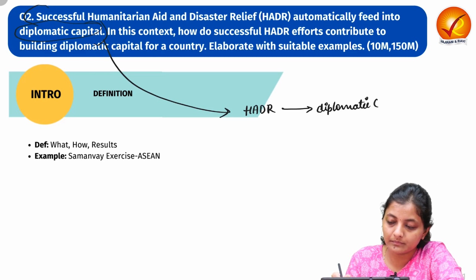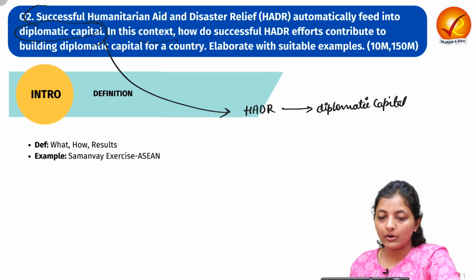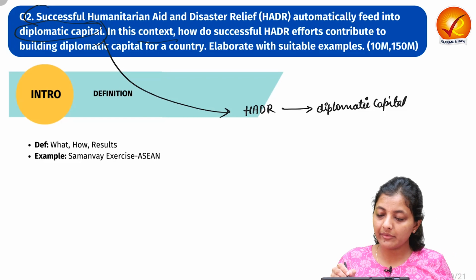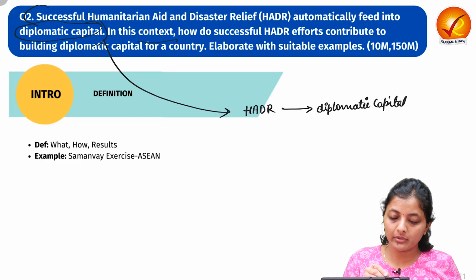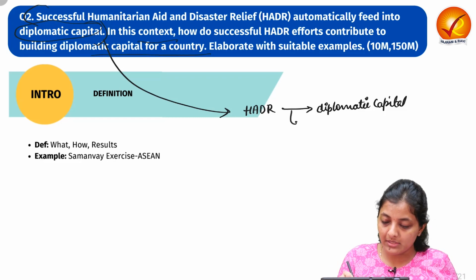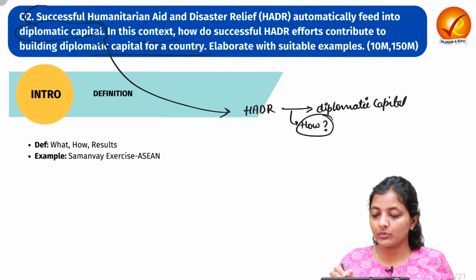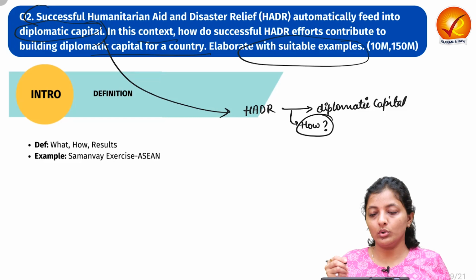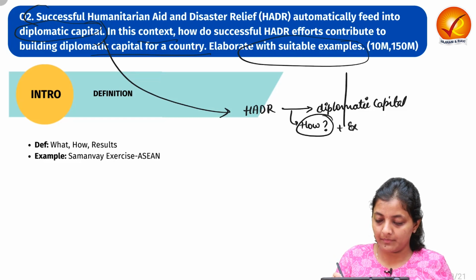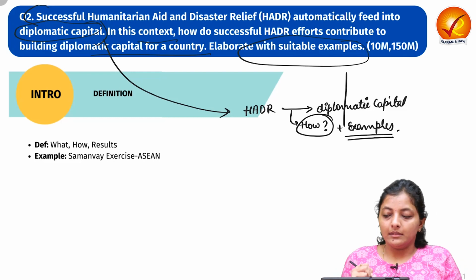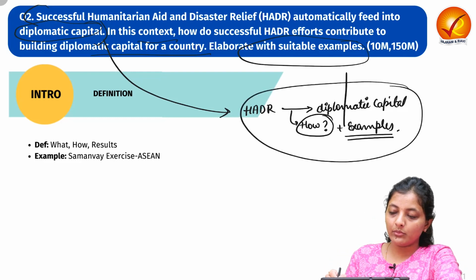Then in this context, how do successful HADR efforts contribute to building diplomatic capital for a country? So we have to write how. And explicitly this question is asking that we have to quote some examples. So this is the major demand of the question.